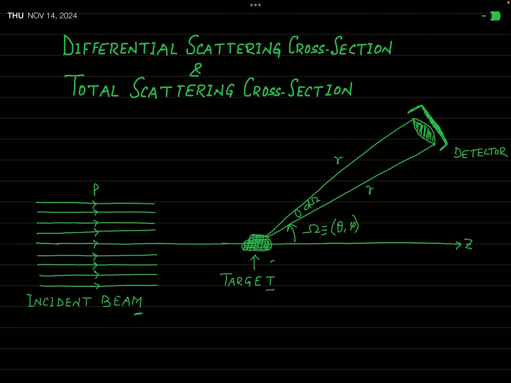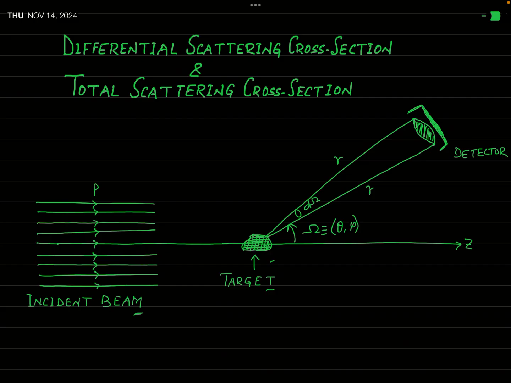This is a target, and in general the target is in the form of a thin foil. As you know, in the Rutherford alpha scattering experiment, he took a thin gold foil.